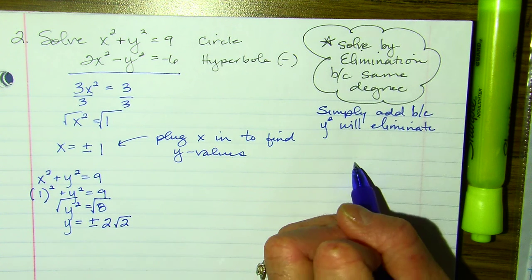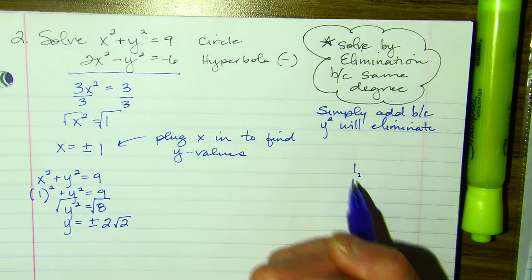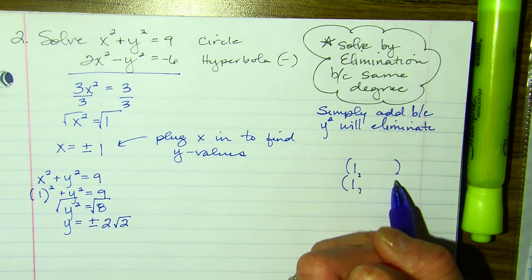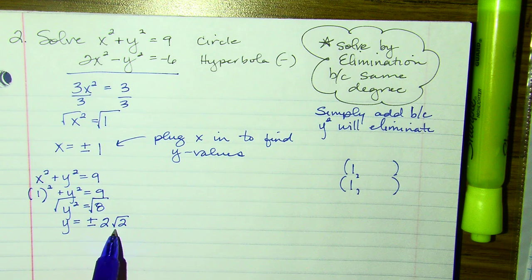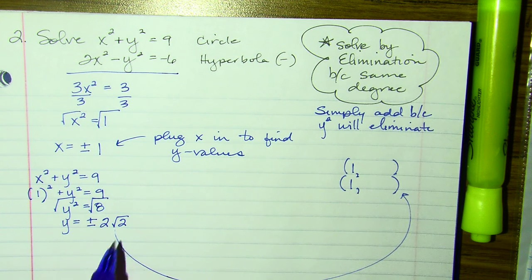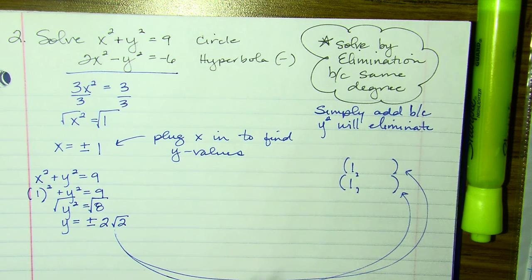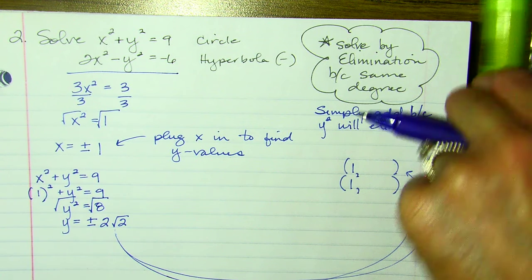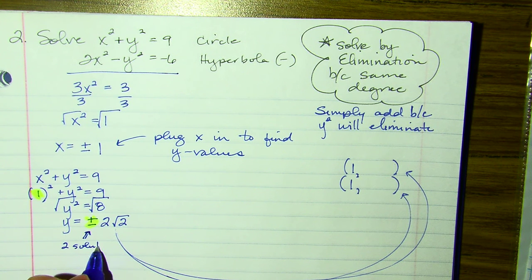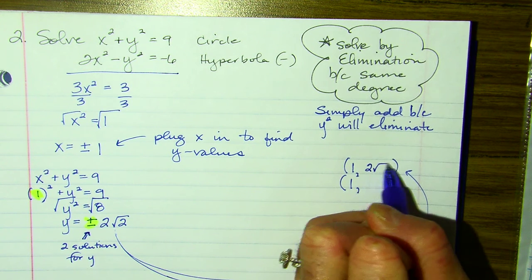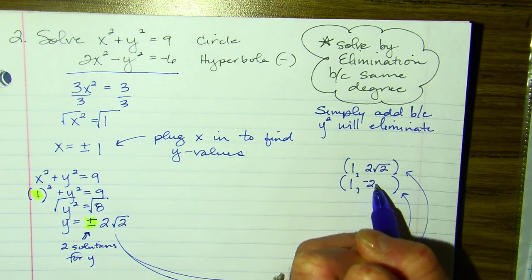So when I plugged in positive 1 for x, I ended up with two solutions for y. One of them was positive 2 root 2, one was negative 2 root 2.